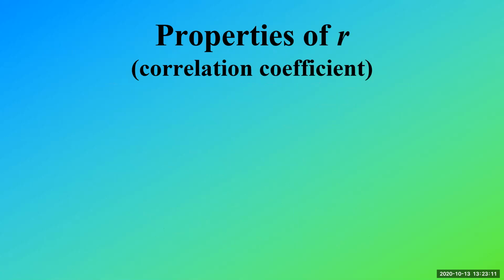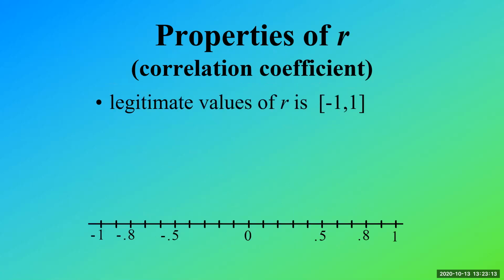So, properties of R. How do we define R? It is a number between -1 and 1. Okay, if every single data point is smack dab on a line, we would have an R value of exactly 1. Again, if every point is smack dab on the line and it's going negatively, we would have an R value of -1.